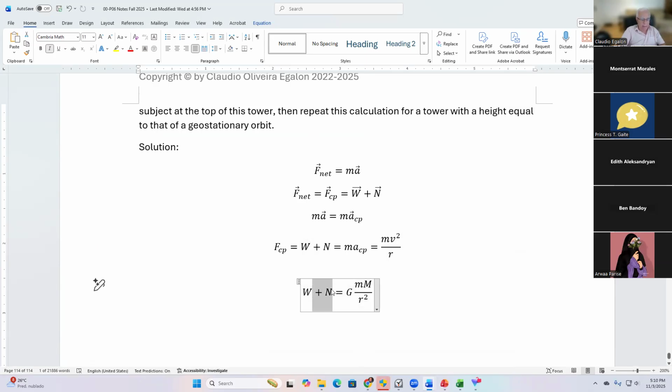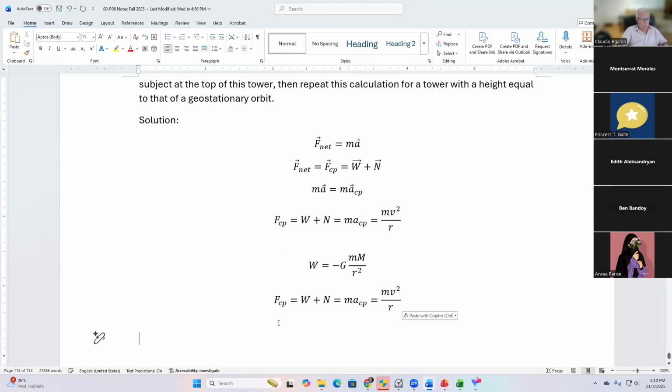So I'm going to correct that here. Here you go. And I'm going to use the negative direction, okay? Because it's towards the center of the Earth. So I'm going to write this equation here.